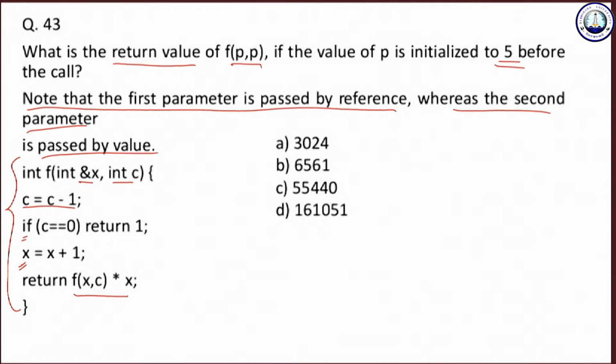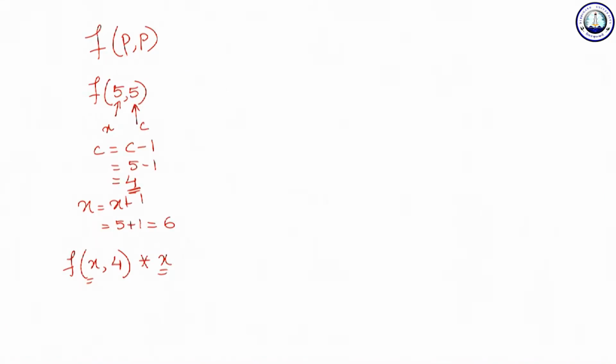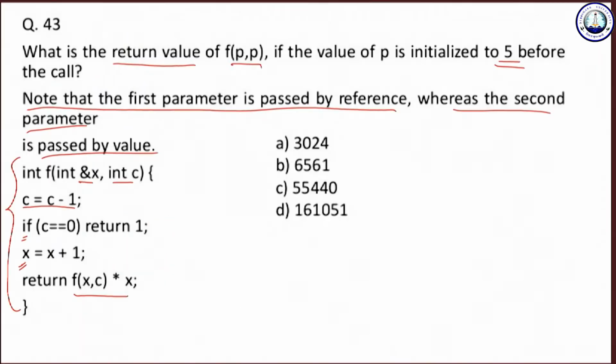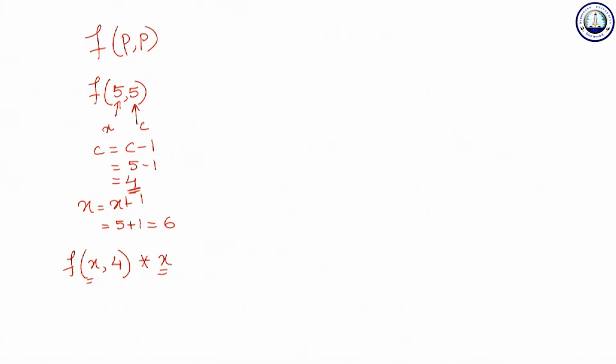When it is passed by reference, x will take the final value of x, otherwise you will not get the desired result if you insert the value at this moment. If you insert x equal to 6 now, your answer may not be correct. So, we will do this and keep the value of x for later.